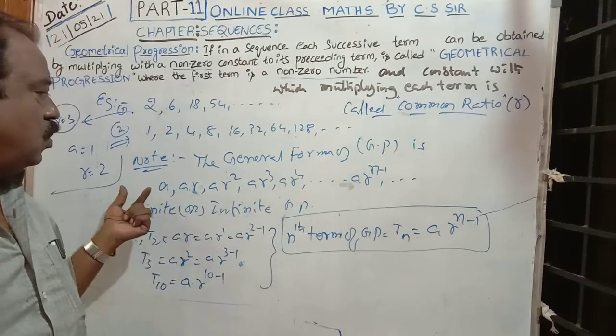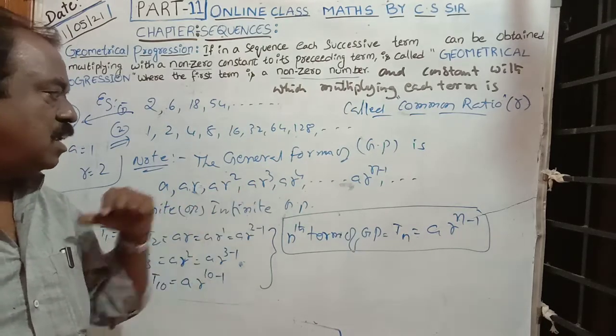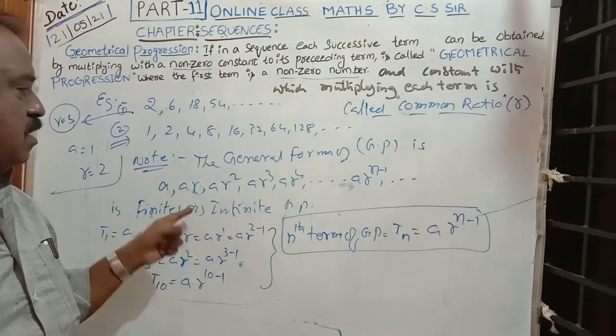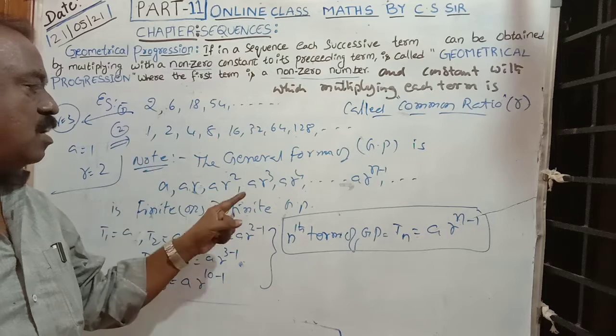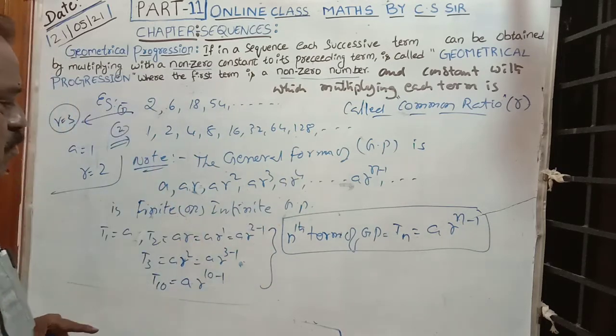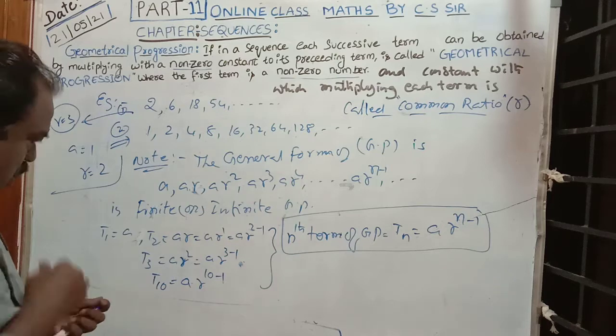Okay? So this is a geometrical progression. Its general form is a + ar + ar^2 + ar^3 + ar^4 + and so on. You may ask, what about this one?